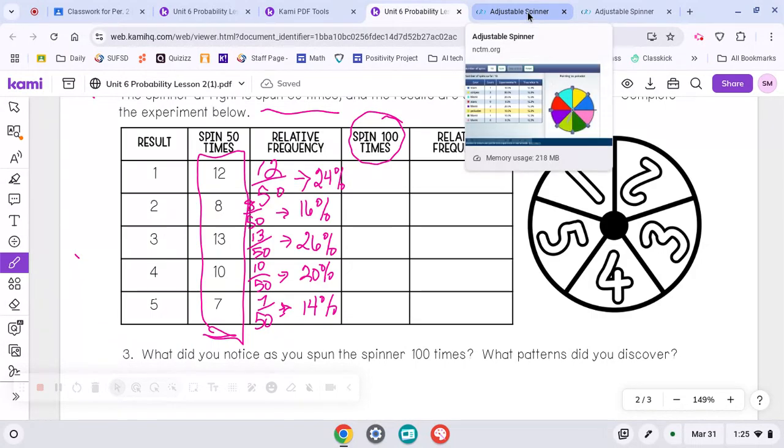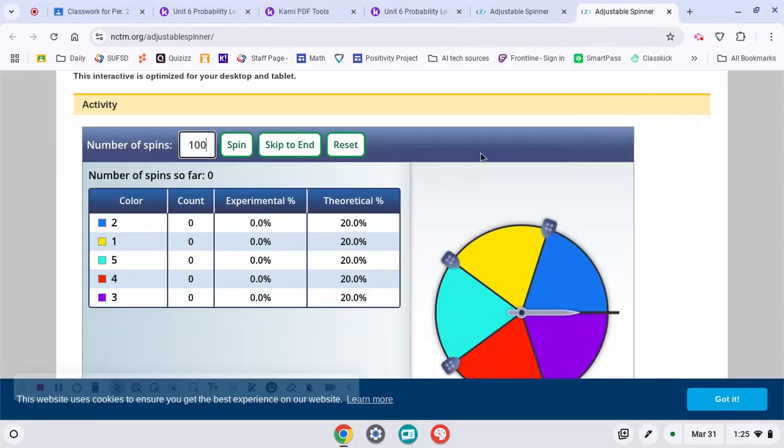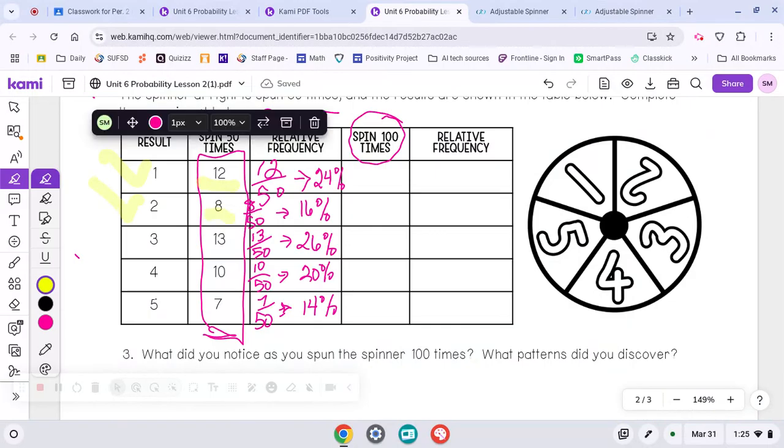All right, continuing now to our next spinner with the sections 1 through 5. I have it over in this tab, and we filled in the data for our relative frequencies. We have 24%, 12 times it landed on a 1. 8 times we landed on 2 for 16%. 13 times we landed on 3 for 26%, 10 times on the 4 for 20%, and 7 times on 5 for 14%.